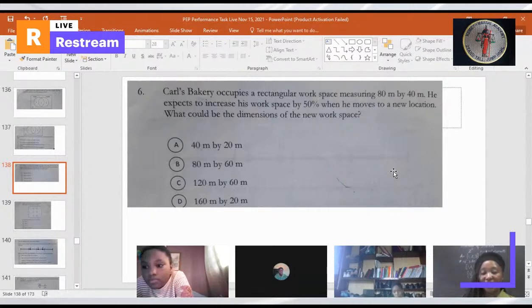So his new workspace should have an area of 4,800 meters square. Which of the dimensions given in the options would multiply to give 4,800 meters square? That's what we should find. It's not to find 50% of the length and add it to the length.